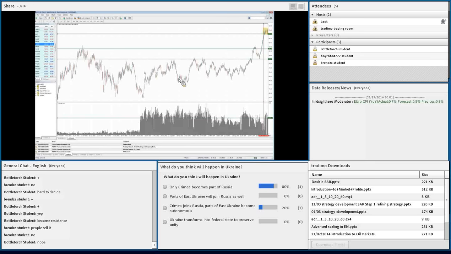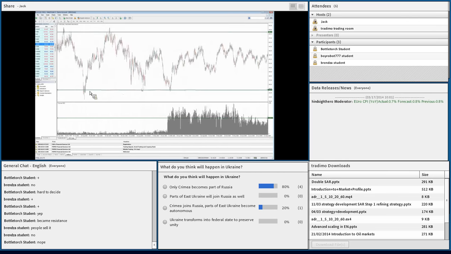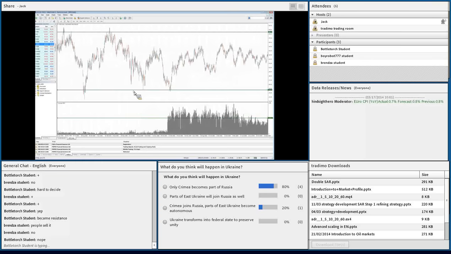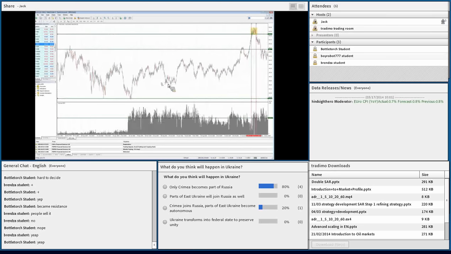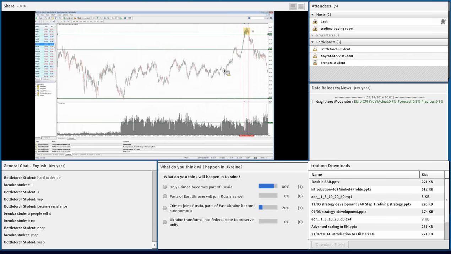Or would you say this area here on the chart, from here to here, is quite a good support level, guys? Or this area on the chart? Would you say that's a good support area? Absolutely. But for some reason, the gap itself has become a really good support and resistance area.